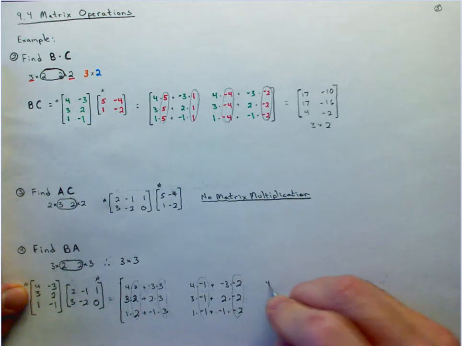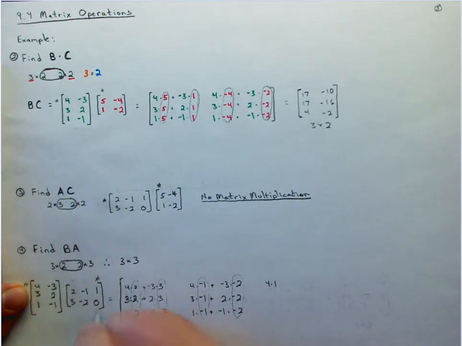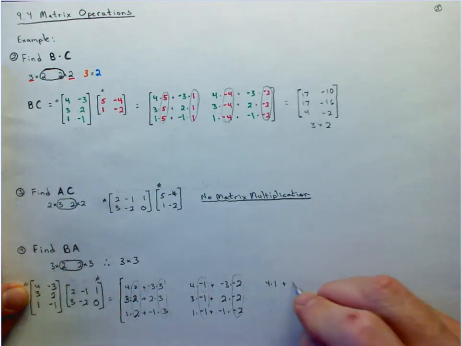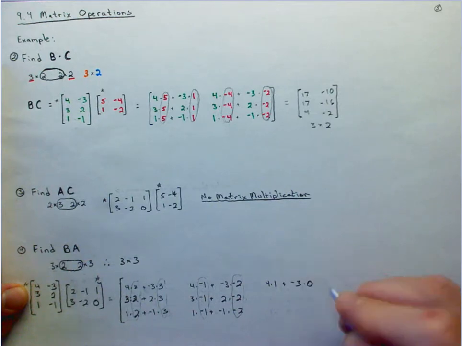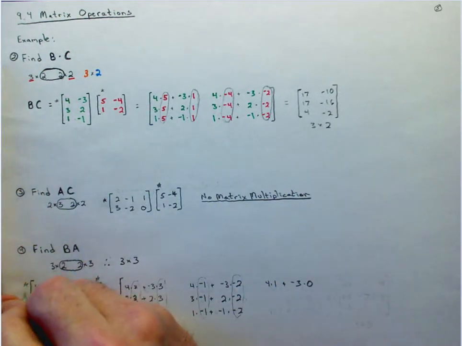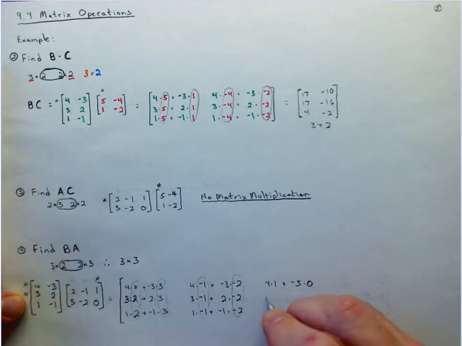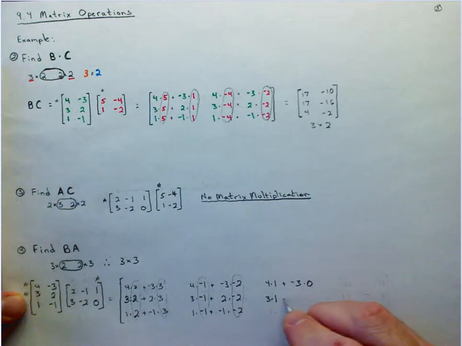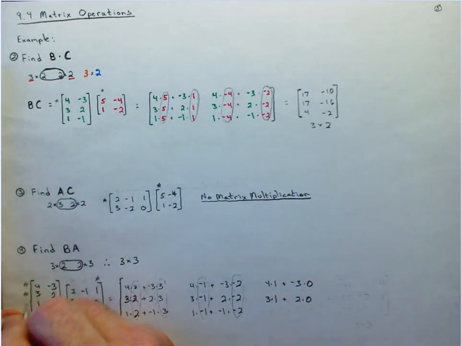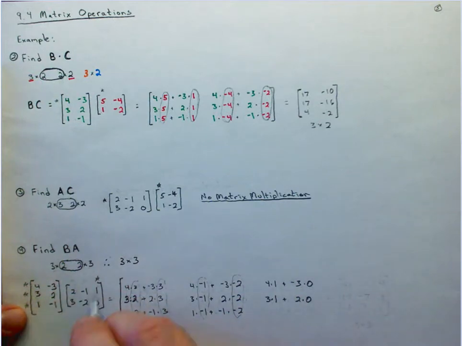Now I'm down to row 2. I'm going to have 3 times 1 and 2 times 0. Now I'm to my last row. 1 times 1 plus a negative 1 times 0.